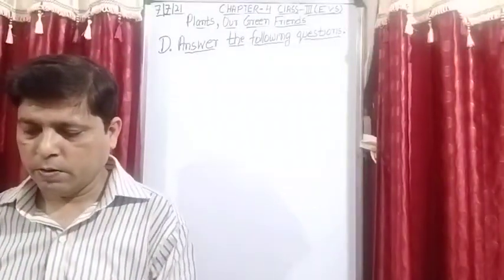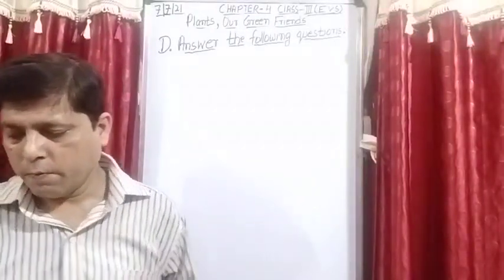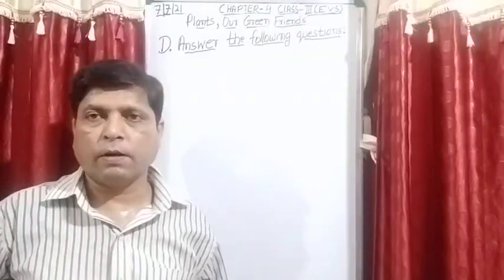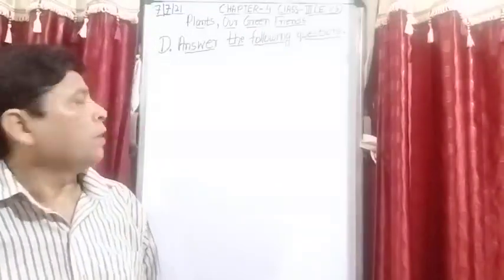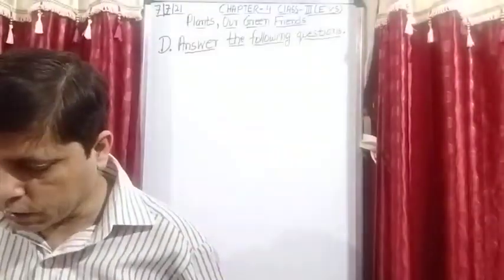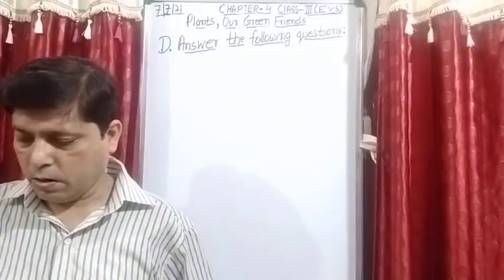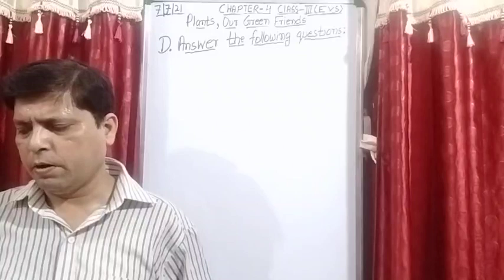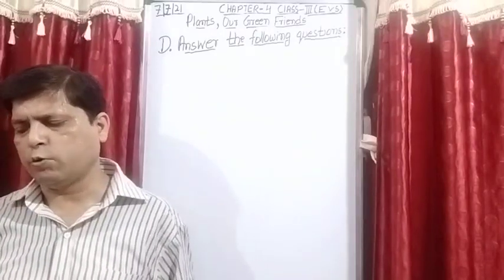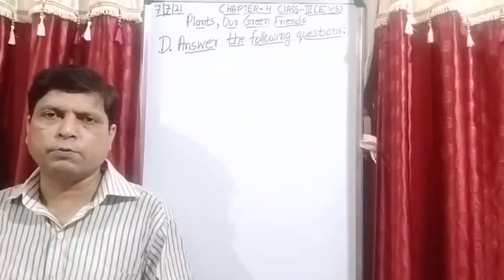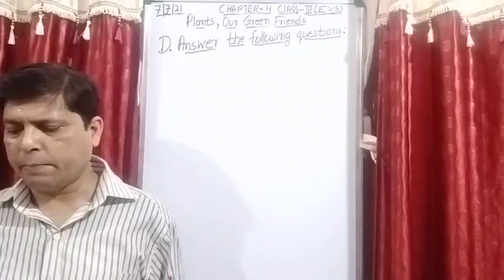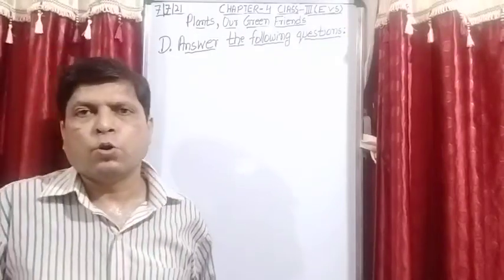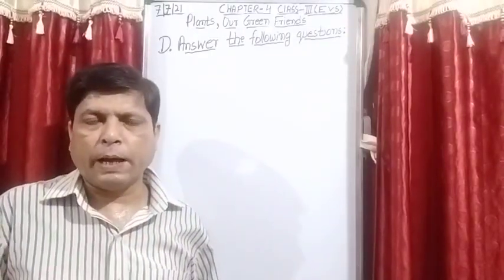Now see, the first question is write the differences between a climber and a creeper with the help of an example. So first of all, let me discuss with you what climbers and creepers are.